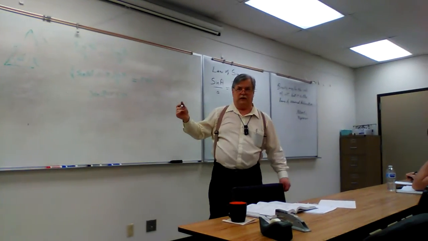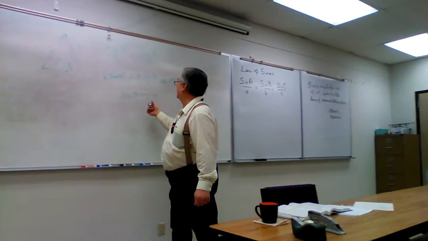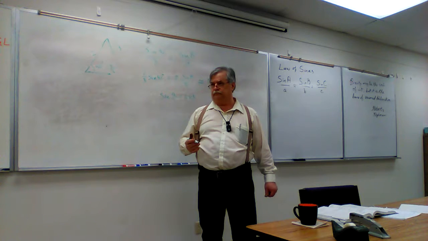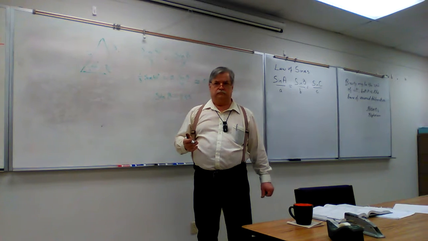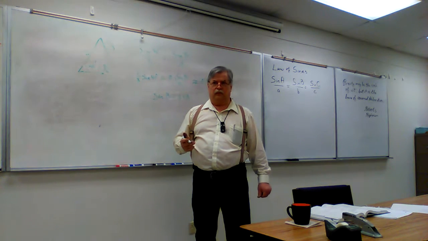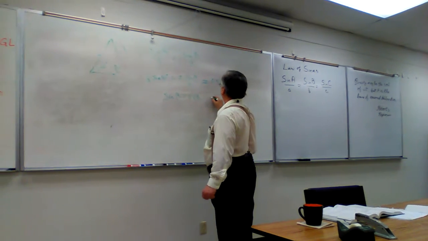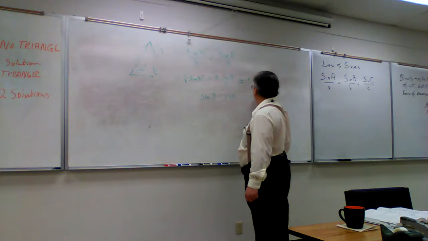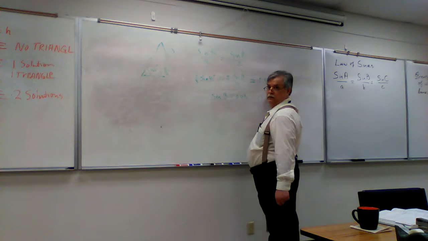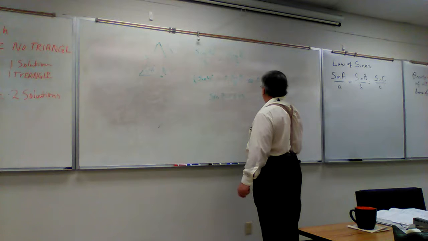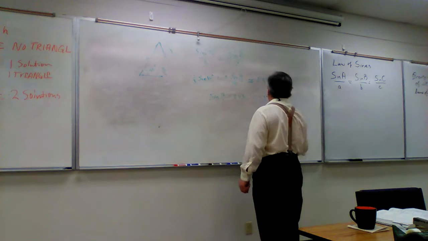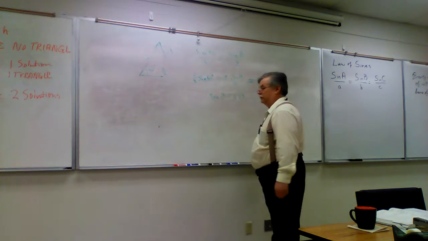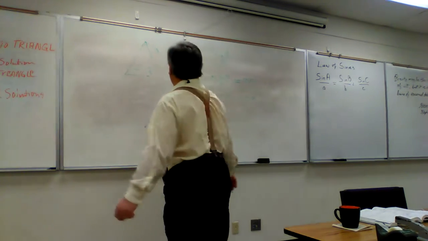So, somebody give me the inverse sine of 0.43. What does that give us? 25.47. All right, 25.47.